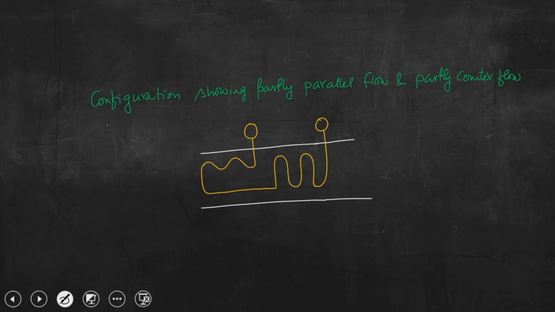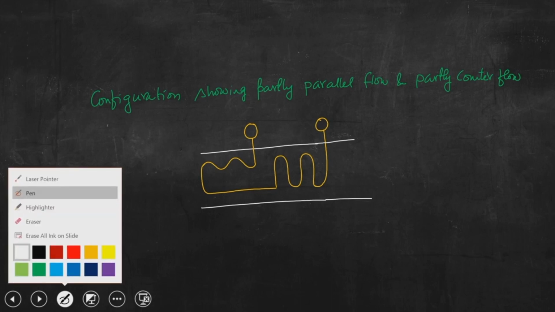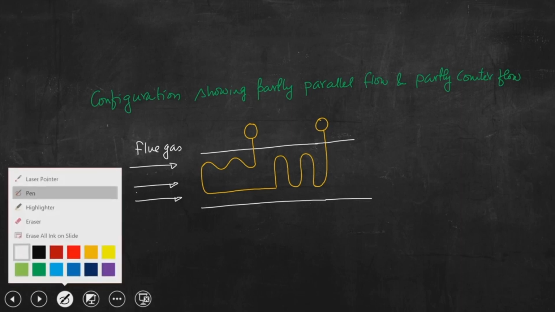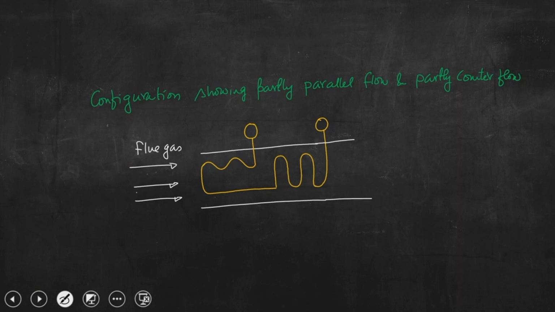So, let me draw, so this is the flue gas, and so if I now try to give the arrow direction, so steam is coming in this direction, so you can understand.